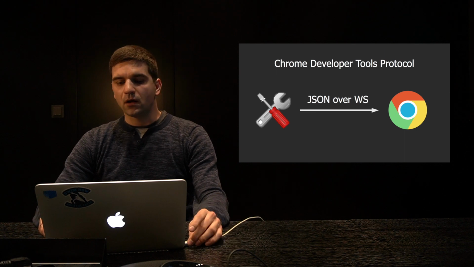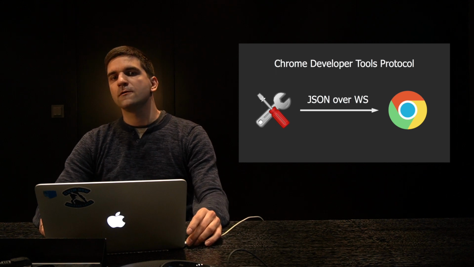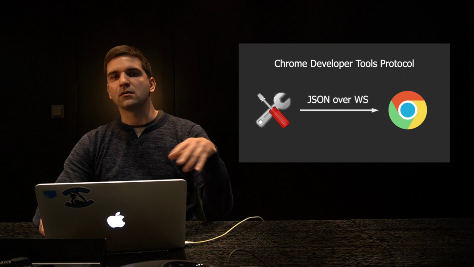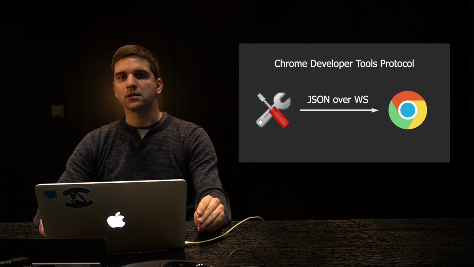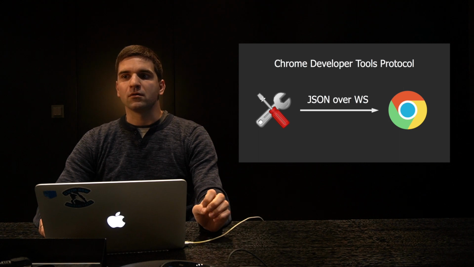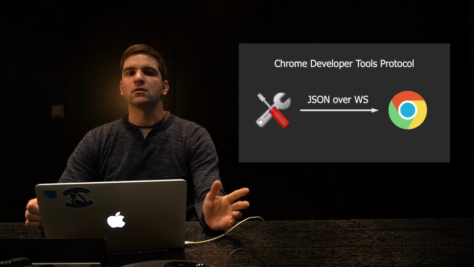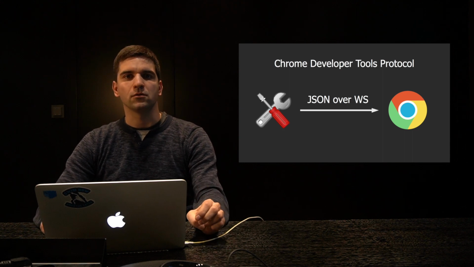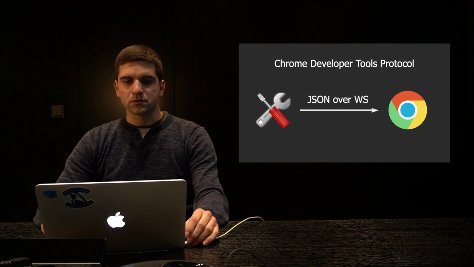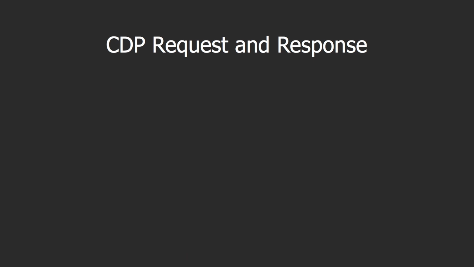Knowing this, a very simple idea comes to mind: we could use an available client-side library implementing the same Chrome Developer Tools protocol, and this is how we could use the same powerful features in our automated tests.